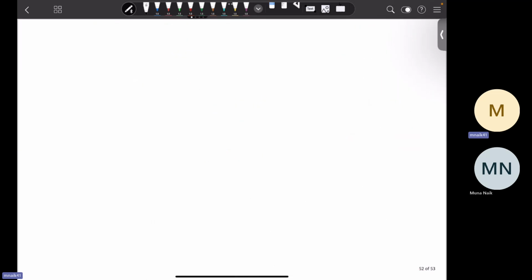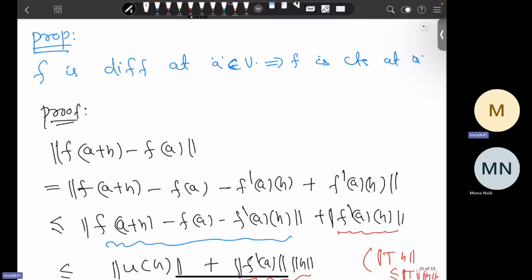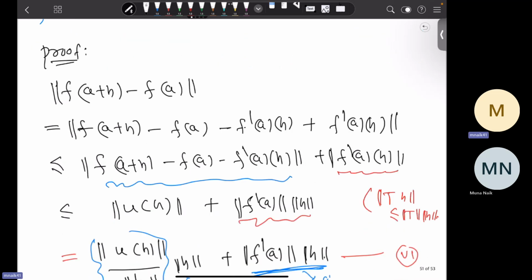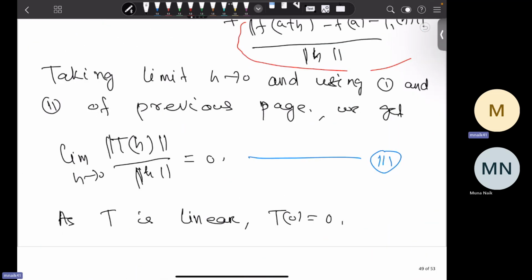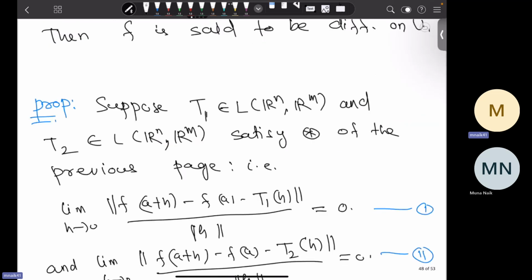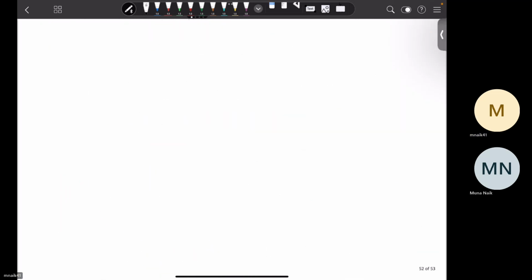Okay, this is clear. Now we want to give some examples of functions and calculate their derivatives. Before that, a little bit of discussion.